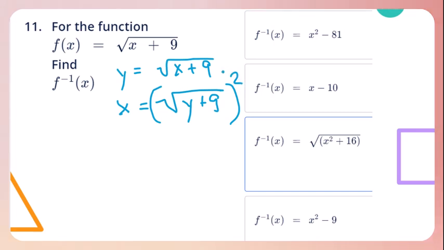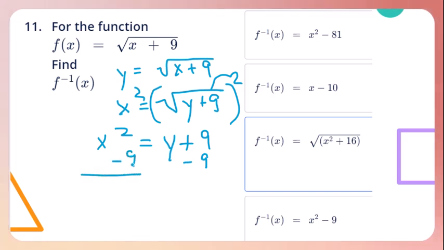To undo the square root, we're going to square both sides. So we'll have x squared is equal to, the square undoes the square root, and the y plus 9 drops out. Okay, and the last step is to subtract 9 from both sides. We cannot combine that constant with a variable term.